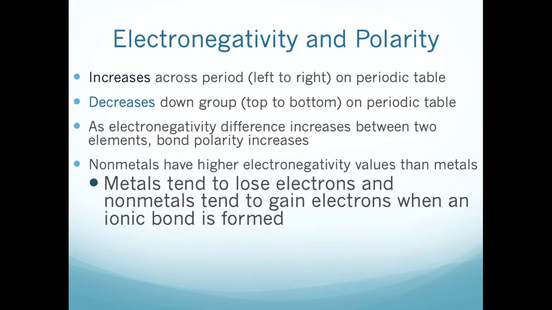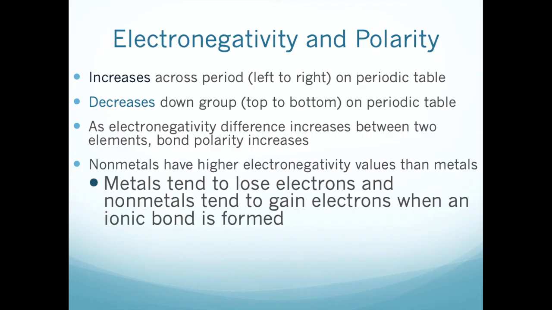So this explains a lot of why we see the bonding that we do between metals and nonmetals and between nonmetals in covalent bonding. You could describe bonding as kind of like a tug of war, where the rope is the electrons involved.